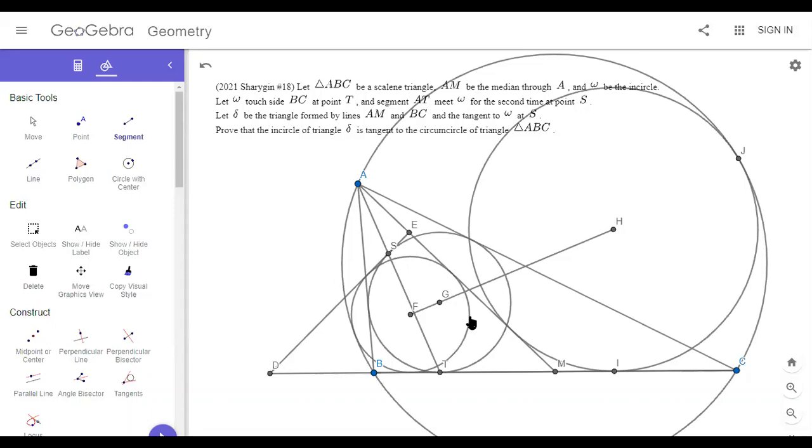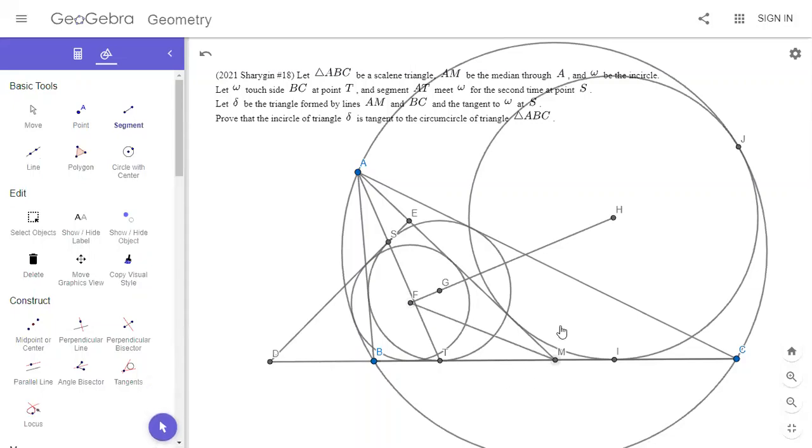We do know that, trying to think. So F lies on the angle bisector of AMB. H lies on the angle bisector of AMC. Yes.